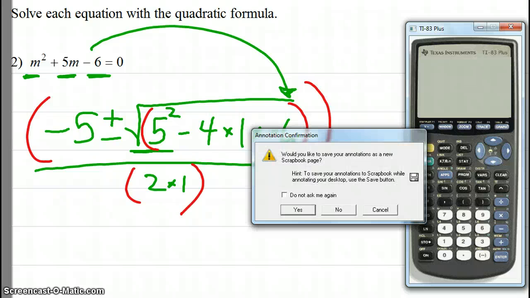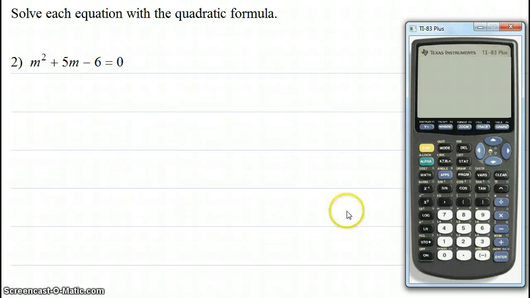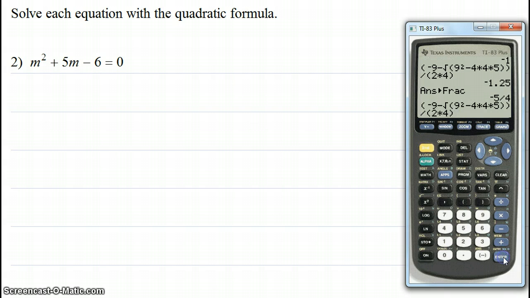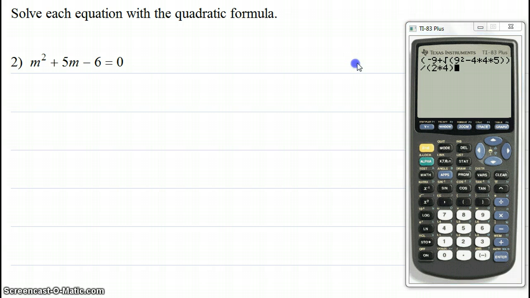Let's go to our calculator. So if I've already punched some quadratic equations in, and I have, if you just hit second enter, you'll get those quadratic equations back. Okay, so again, how did I do that? I just hit second and then enter, and the calculator will give me the equation back.